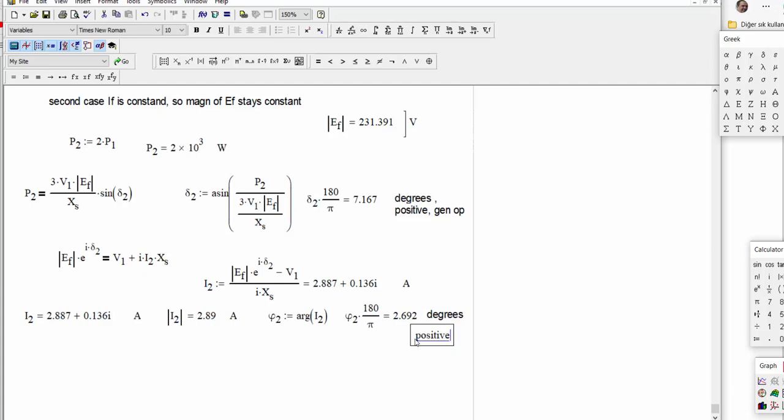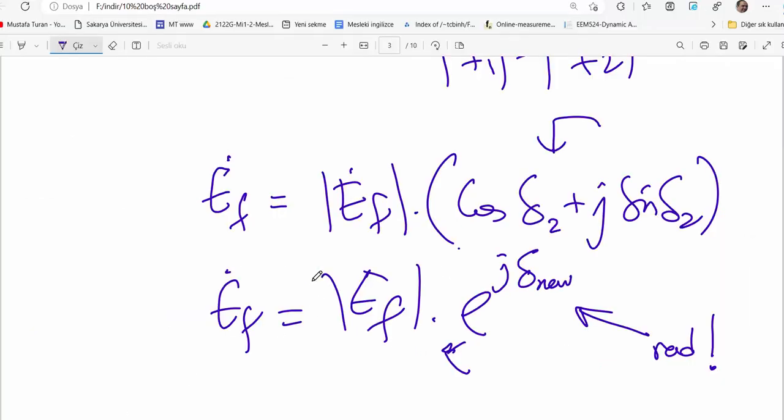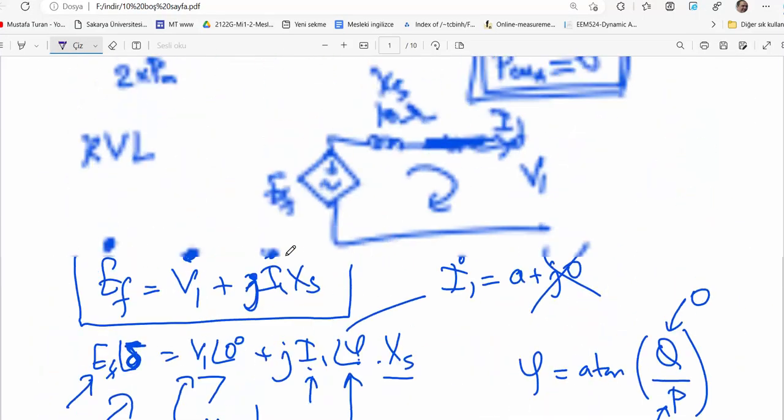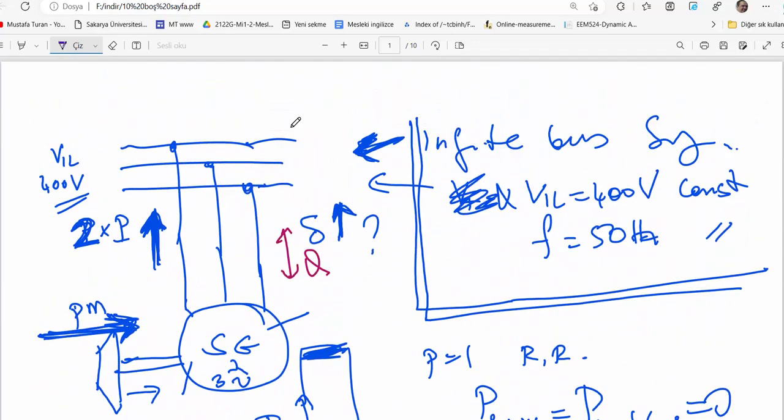Positive phase displacement means capacitive operation. The generator has some capacitive loads in the network operation. The generator supplies some capacitive elements. I mean, in the second case, the phase angle is positive.